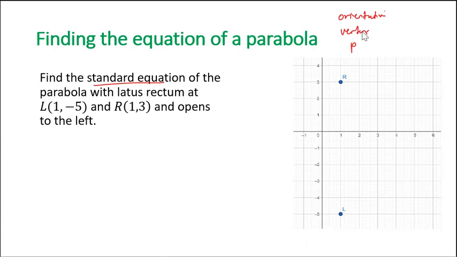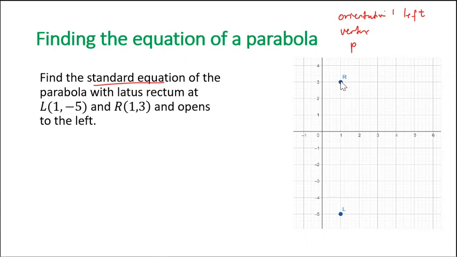So first, we need to know the focus. We know that the parabola opens to the left. So if these are the endpoints of the latus rectum, the midpoint of this line segment will be the focus of the parabola. If we get the distance of L and R, its distance is actually 8. So if we divide 8 by 2, that's going to be 4.